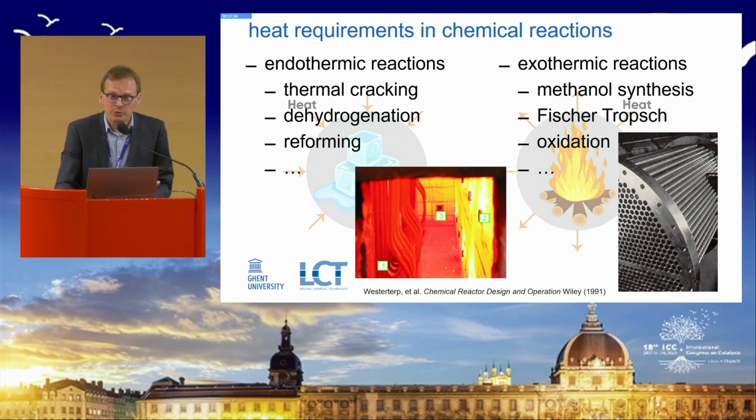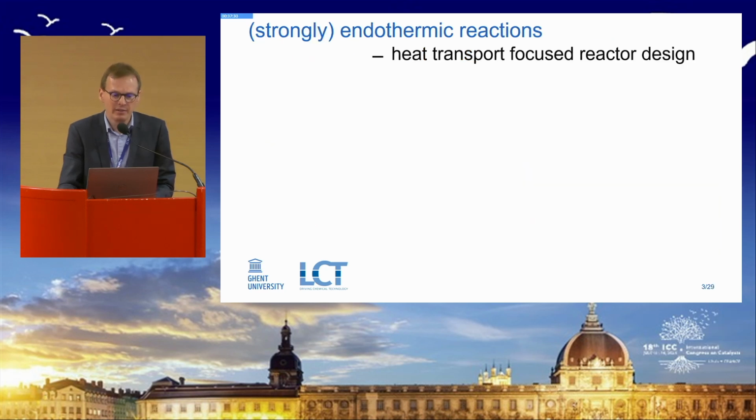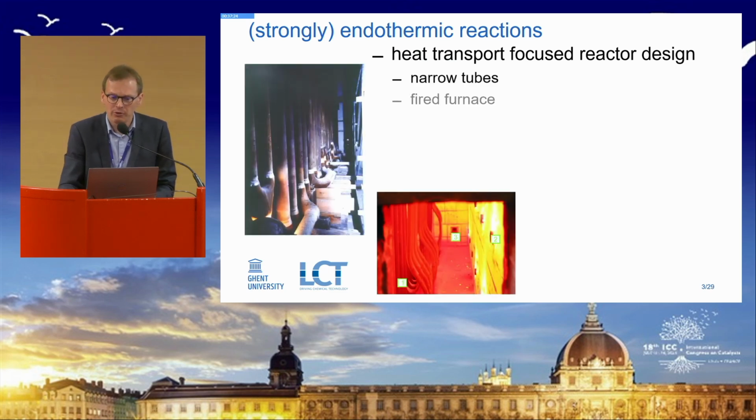Today, making use of electricity for heat relates to endothermic reactions and bringing in the heat as efficiently as possible. Because quite often, for endothermic reactions, the reactor design is focused on heat transfer. It's not necessarily a design for the chemical reaction, but a design on getting the heat into the reactor.